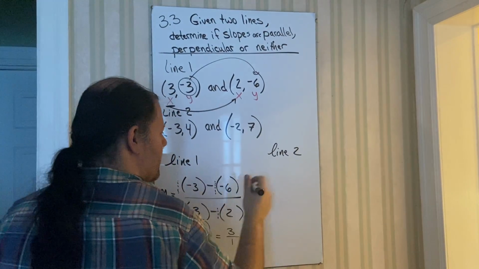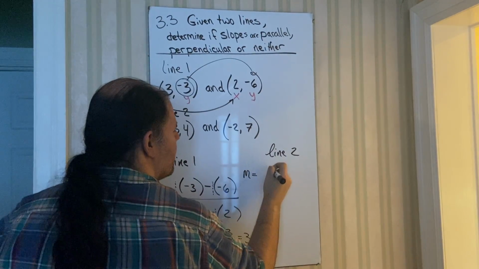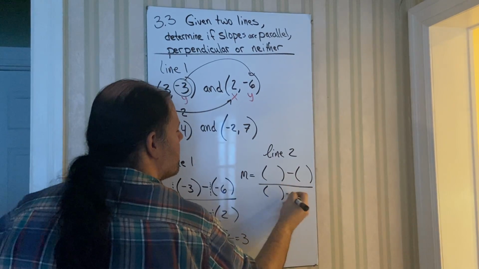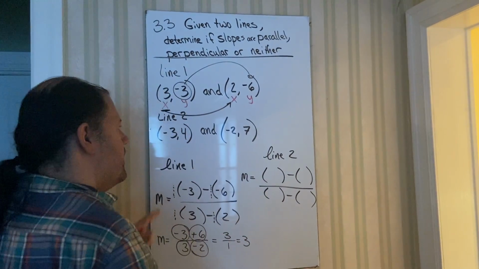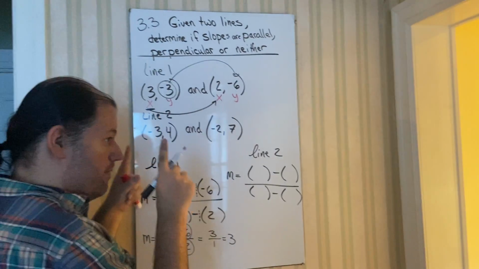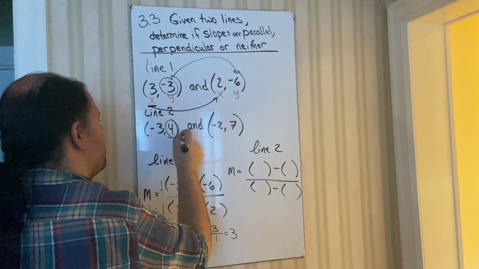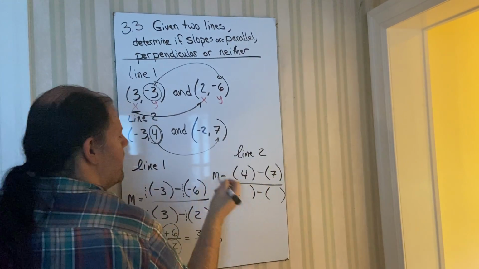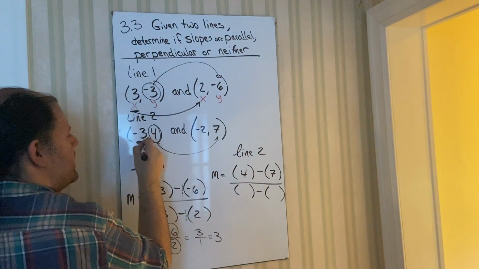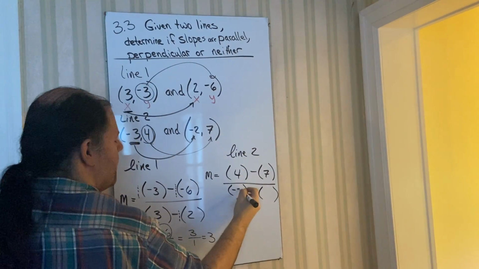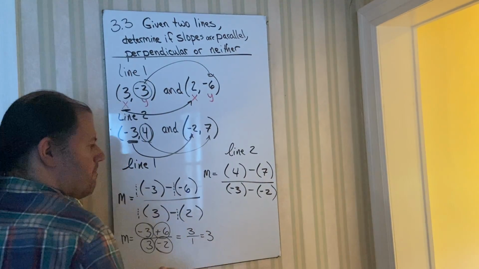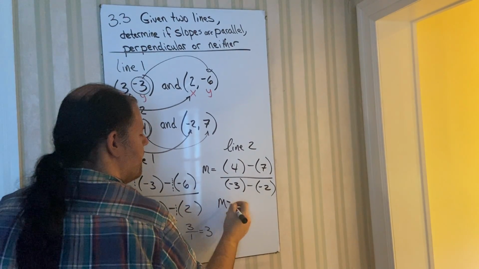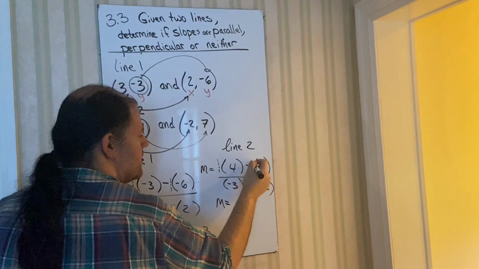So we're going to do the same thing. Use your bare bones formula. Now for line 2, remember, change in y's. You went from a 4 to a 7. And let's see how our x's change. You went from a -3 to a -2. So let's calculate. We're going to simplify. Remember, slip in your 1's.